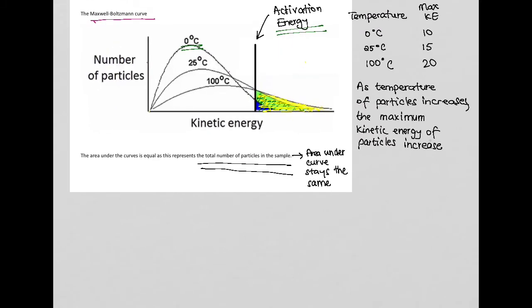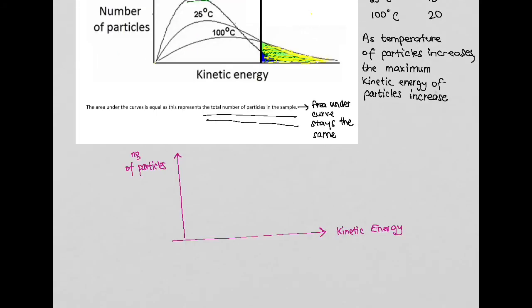Now, as you're showing the Boltzmann distribution curve with temperature, there are a few things that you need to note. Let's say the examiner asks you to draw the Maxwell-Boltzmann curve at two different temperatures. The first thing is that you have to get your axes right. This should be number of particles. You could also write fraction of particles or fraction of molecules.